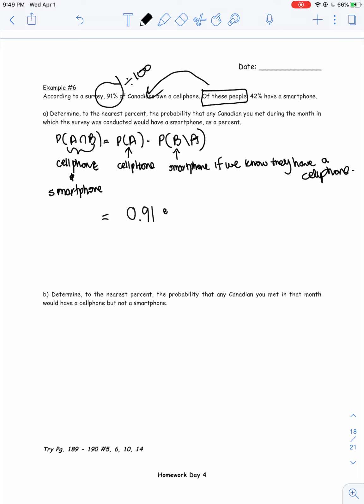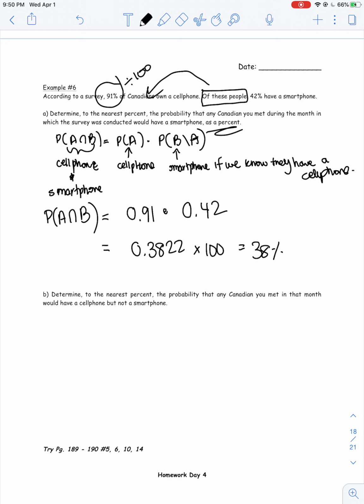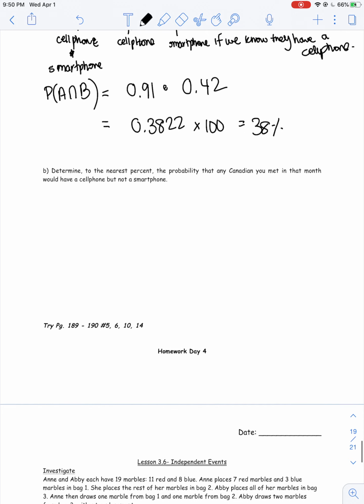So that's actually your smartphone if we know that they already have a cell phone. So that's the 0.42 going there. And now what we're solving for is A and B. So you'd put that into your calculator and you get 0.3822. They want the answer as a percent, so you multiply by 100 and get 38% as a whole percent.